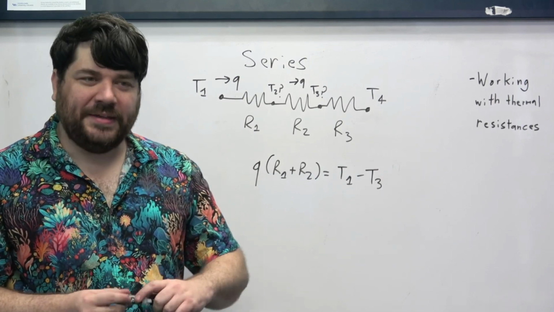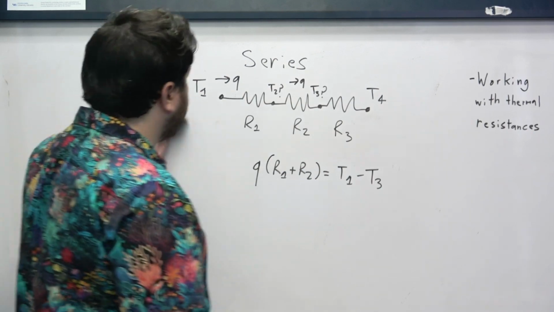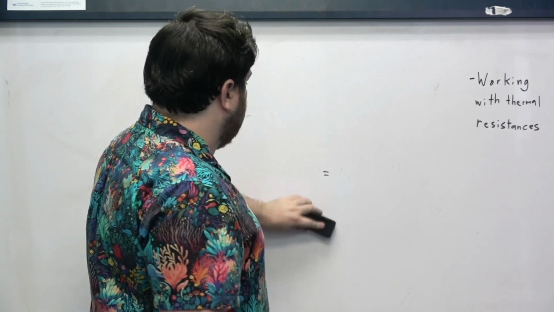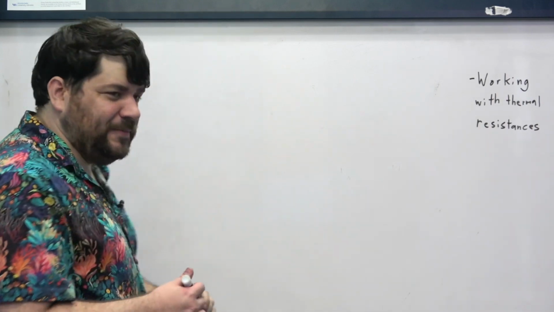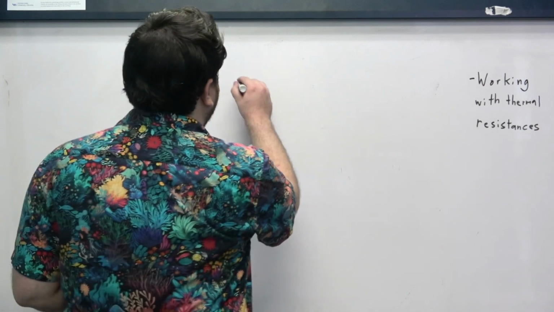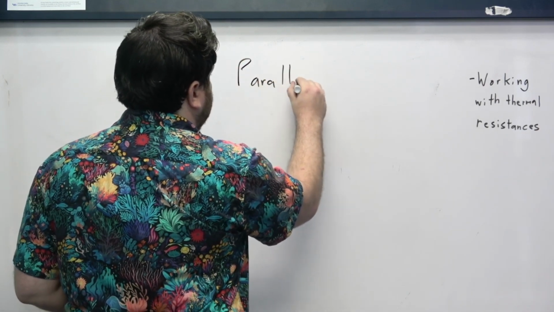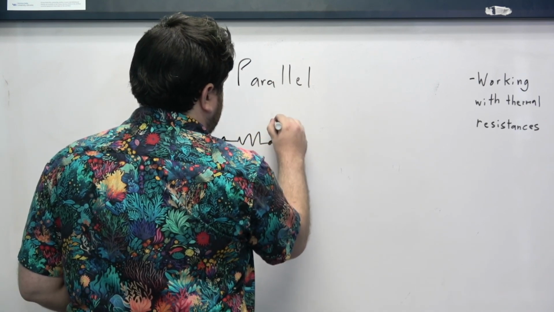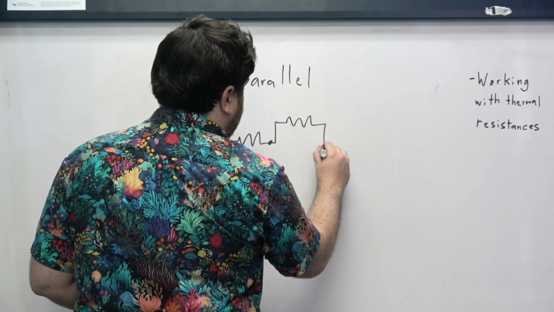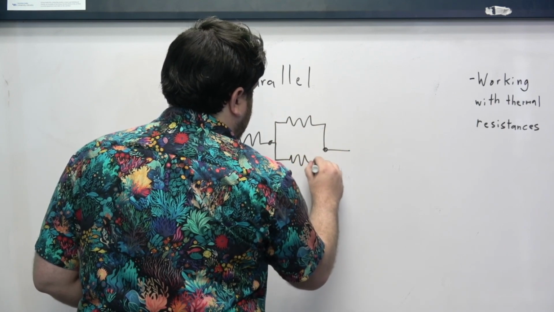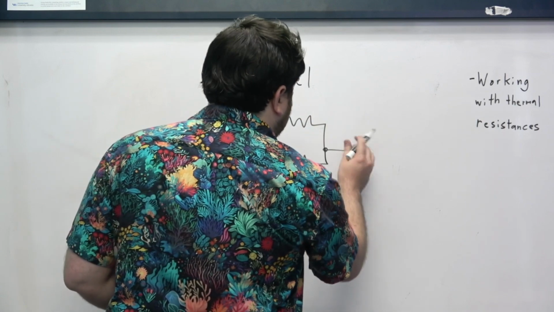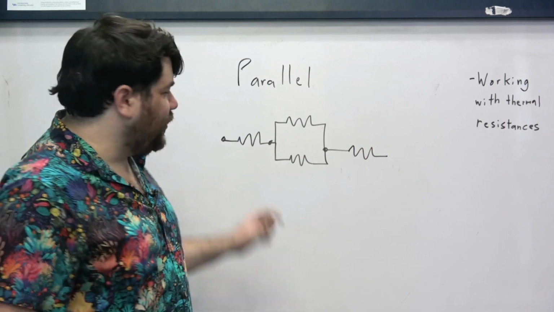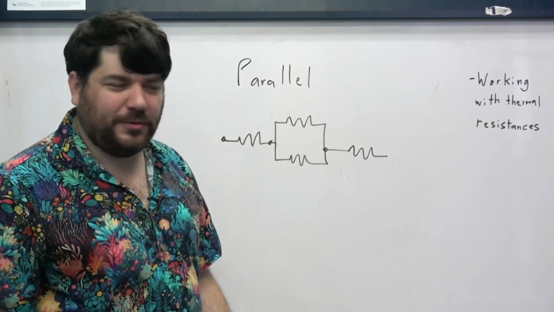All right? Now, this is what we can do for series thermal resistances. What about for parallel thermal resistances? And these are, again, a little bit more annoying. Parallel. So we have this scenario where my thermal circuit branches off in half with these parallel thermal resistances.